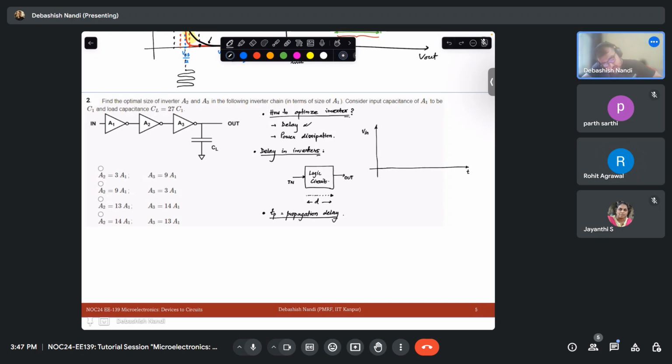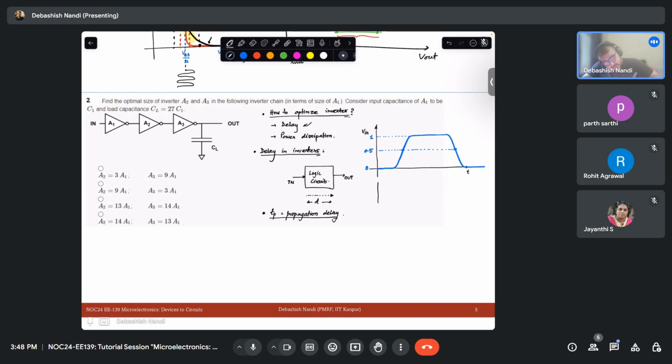The signal is something like this. This value we call 1, let's say VDD, and this is 0. Let's define a midpoint, that is 0.5, or the 50% level.